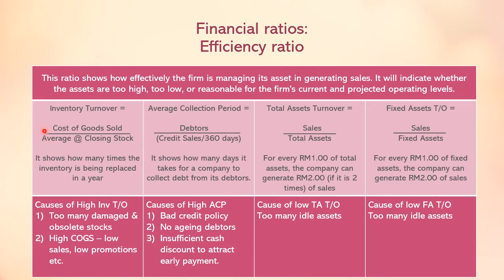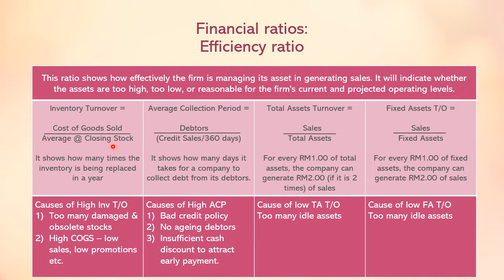So look at the formula here. To calculate turnover, you have to divide cost of goods sold, or cost of sales, which is the same thing, by either average stock or closing stock.